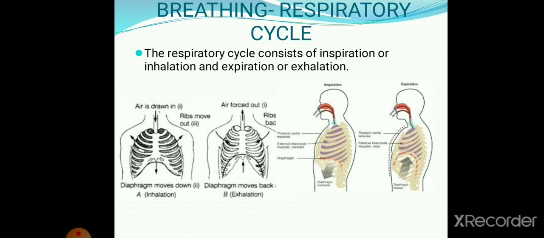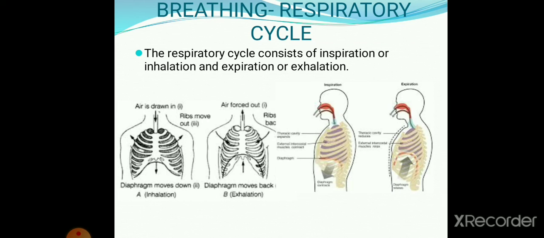The ribs move upward and outward by the contraction of external intercostal muscles. This results in the contraction of the diaphragm and it flattens. Thereby, the pressure inside the thoracic cavity and lungs lowers, so the atmospheric air rushes into the lungs via the air passage. The reverse action happens during expiration or exhalation.